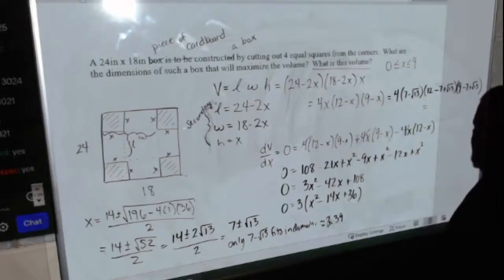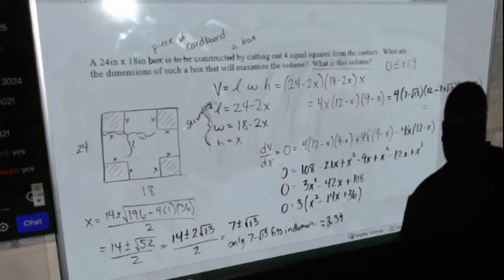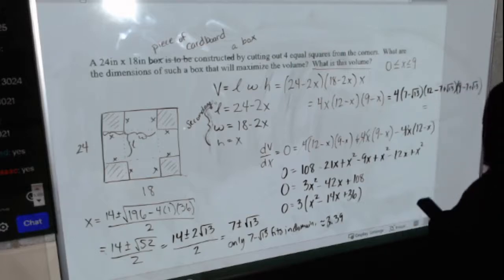You could also plug these in separately into the length, width, and height, and then multiply those three things together.